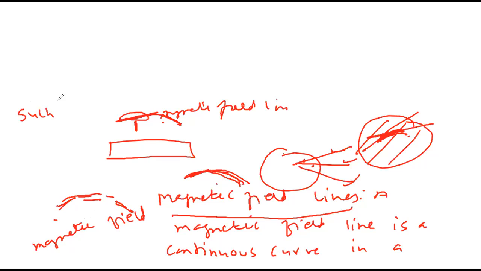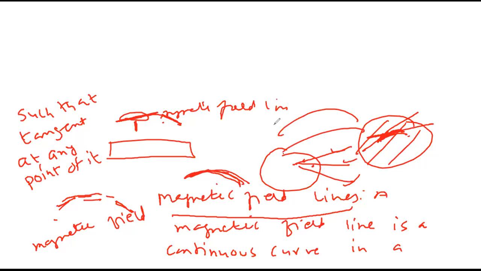Now this line is very important. Such that the tangent at any point of it gives the direction of the magnetic field at that point. So this is, suppose, a curve; the tangent at any point of it gives the direction of magnetic field lines at that point.